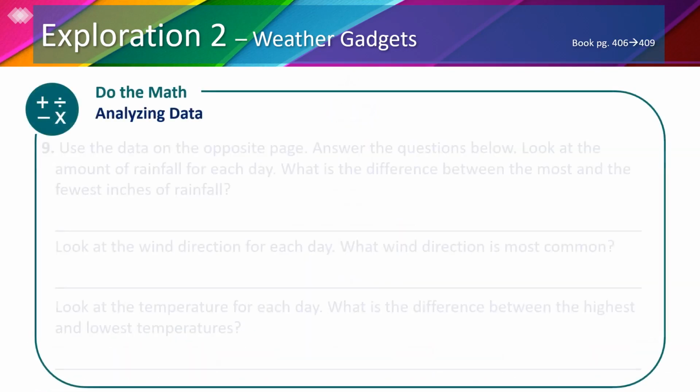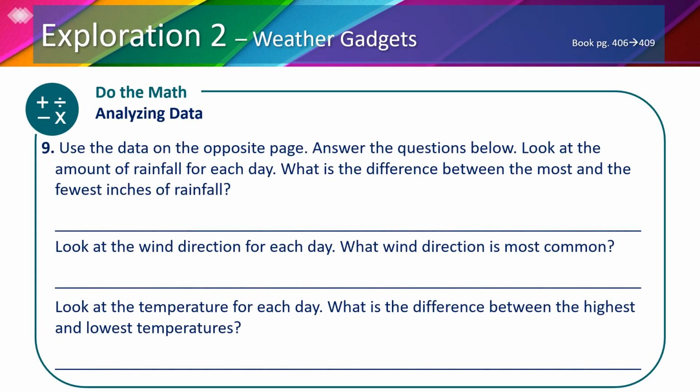In number 9, we're going to use the data from the weather observations on the 3 days and answer the following questions. Look at the amount of rainfall for each day. What is the difference between the most and the fewest inches of rainfall? When we say difference, it means we need to subtract.